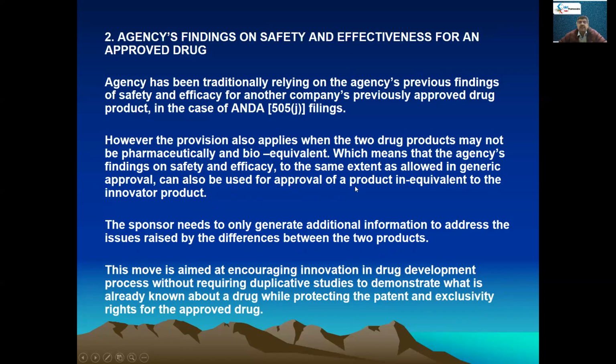This means it can be used for a product that is non-generic, or which is not a generic product.